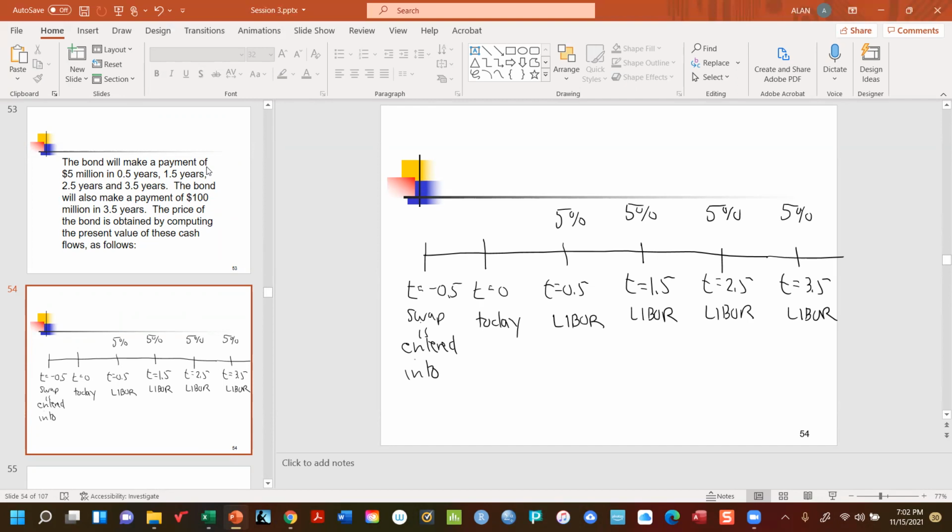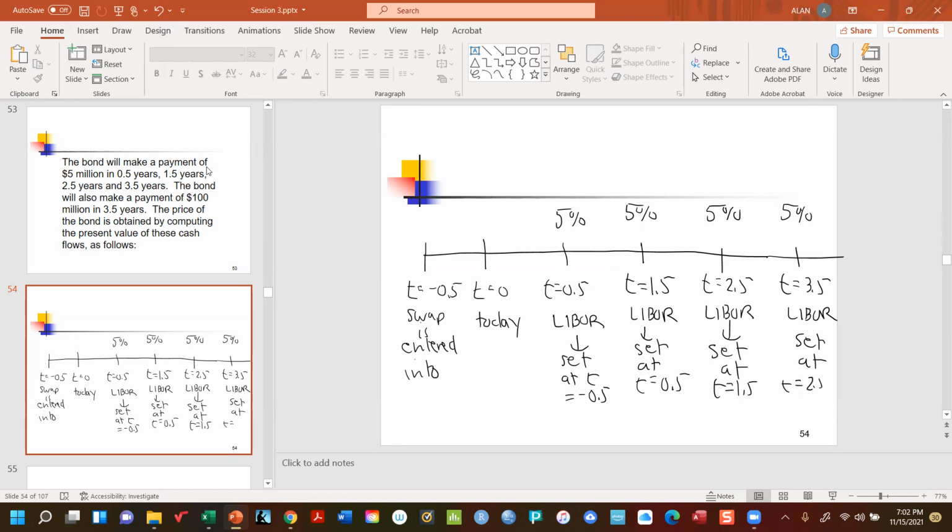Now, here's an important detail. This LIBOR was set 1 year earlier at t equals -0.5. This one was set 1 year earlier at t equals 0.5. This one was set at t equals 1.5. And this one is set at t equals 2.5.